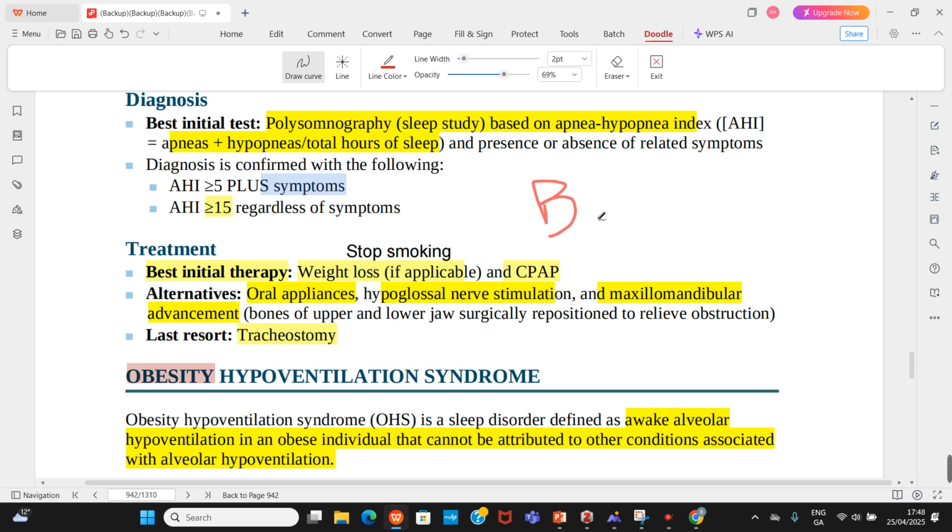BiPAP delivers two pressures, of different intensity. It delivers more pressure during inspiration. So the inspiratory pressure is more than the expiratory pressure, unlike CPAP, that is only one single pressure. So if it's delivering 10, it's 10 in both phases. But in BiPAP, it will be more in inspiration than expiration.